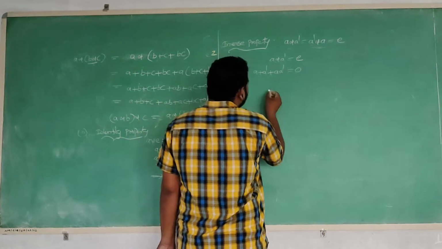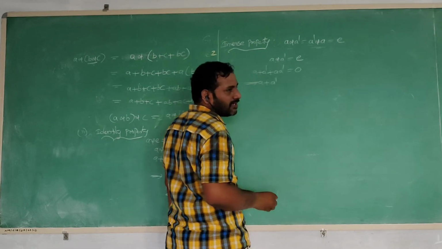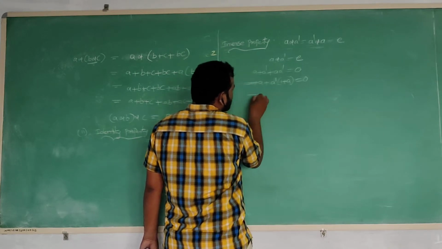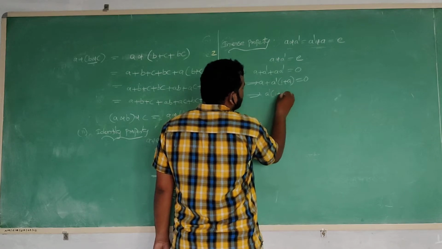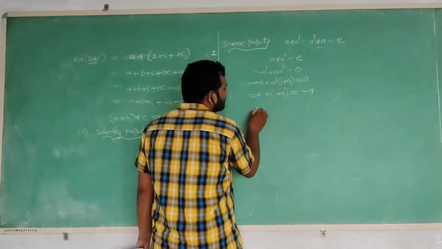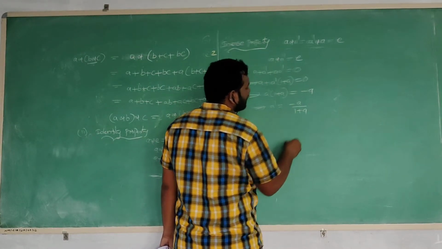Now I am writing A plus A dash, taking A dash common, A dash into (1 plus A) equals 0. That implies A dash into (1 plus A) equals minus A. Then A dash equals minus A by (1 plus A).